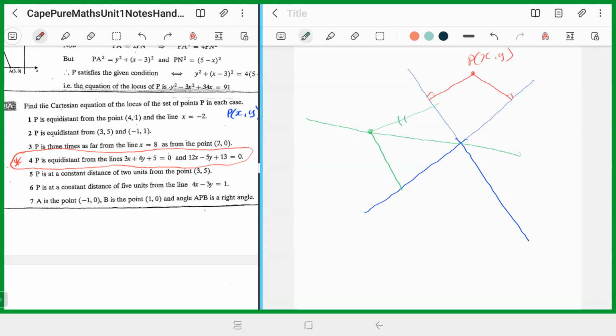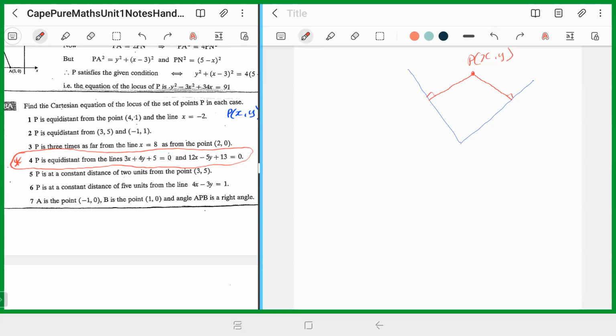So the point will move on that line or this line. That's where the positive and negative come in. There's actually two lines that we possibly can get. Alright, but we're just going to work it for one. That's why I put in the plus or the minus, to account for the fact that it can be two lines, two sides. The P can be on either side.